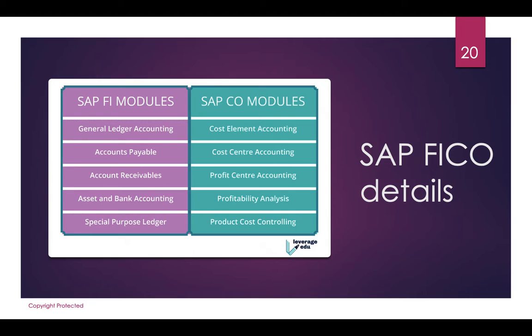SAP finance management has these functions: we do general ledger accounting, accounts payable, accounts receivable, asset and bank accounting, and special purpose ledger in the SAP FI module. And in the SAP CO module, we do cost element accounting, cost center accounting, profit center accounting, profitability analysis, and product cost controlling.